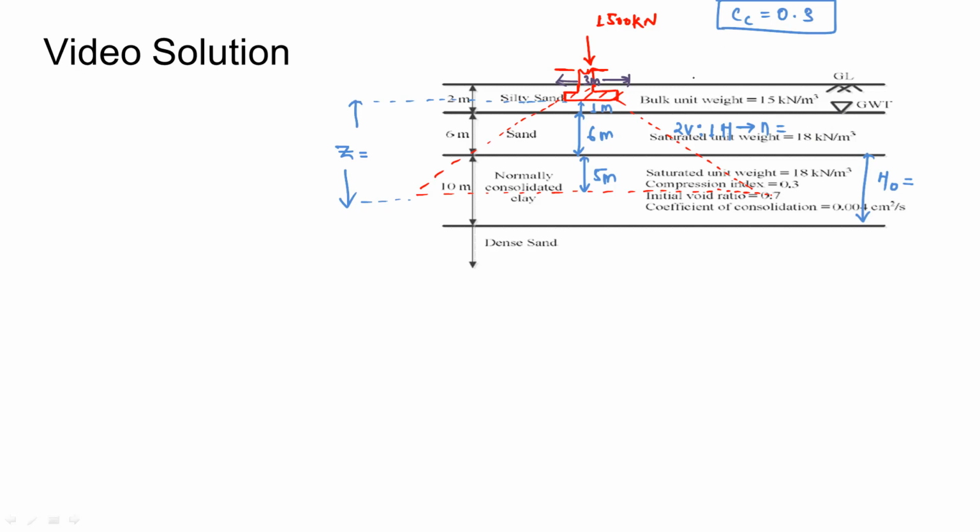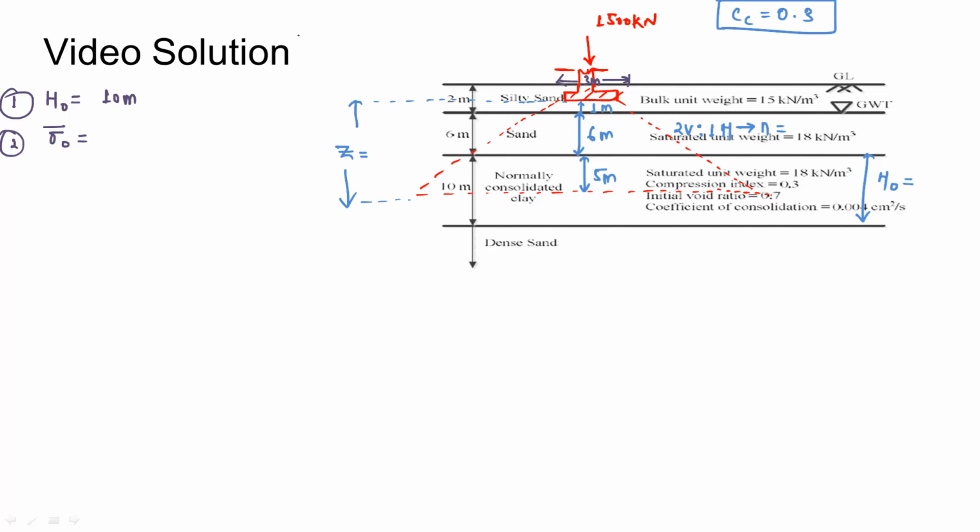Now if you solve it using the four-step method, the first thing to calculate is H0, which is the thickness of the compressible layer, which is clay here. As we can see here, H0 is 10 meter. Now coming to the second part, we have to calculate sigma 0, our effective stress before the application of the load.